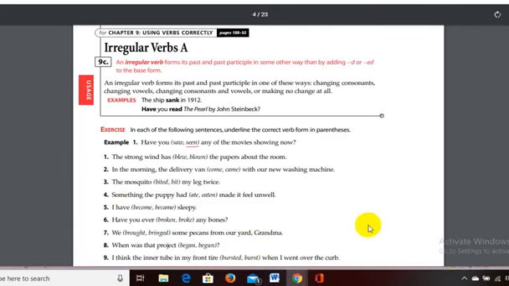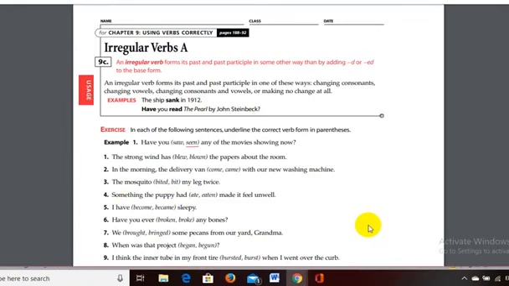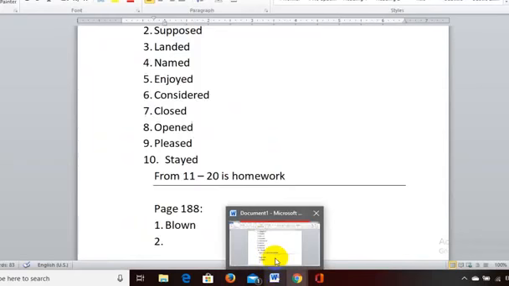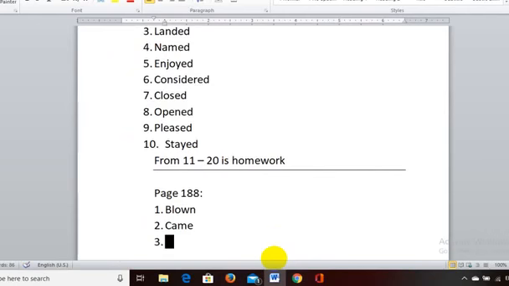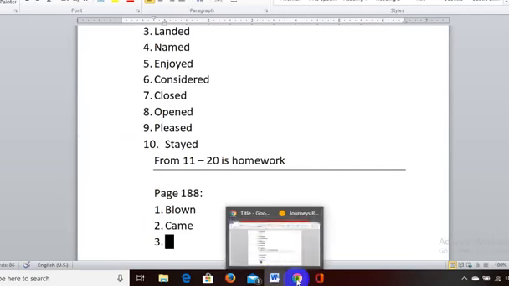So, number 2, in the morning, the delivery van come or came with a new washing machine. The base form is come, so the past form is going to be came. Yes, excellent. Irregular verb. So we're going to say came. Excellent. Alrighty, number 3.